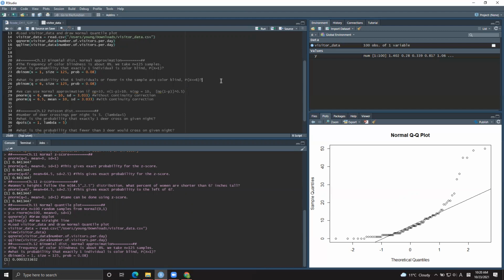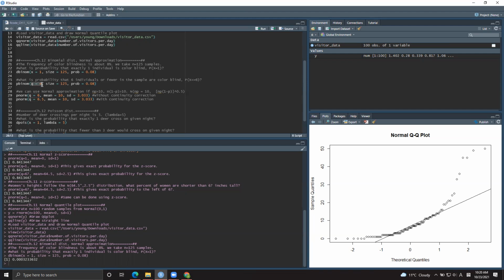X equals 6. So in this case, this binom again denotes binomial, and P we've seen before when we were doing the normal example. P represents the area under the curve to the left of what you specify here. So we want everything to the left of X equals 6, right?